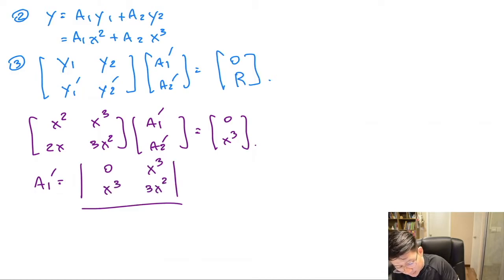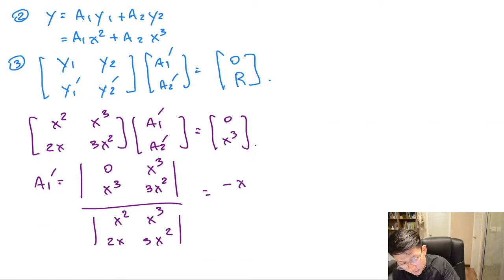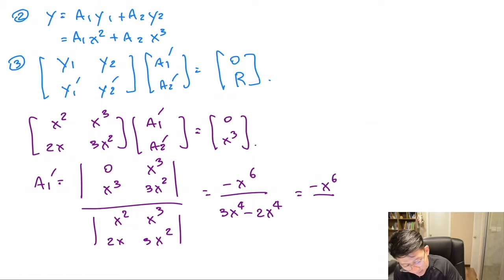divided by the determinant of this guy, which is basically minus x to the 6th divided by, what is it, 3x to the 4 minus 2x to the 4, which is minus x to the 6 divided by x to the 4, which is minus x squared.